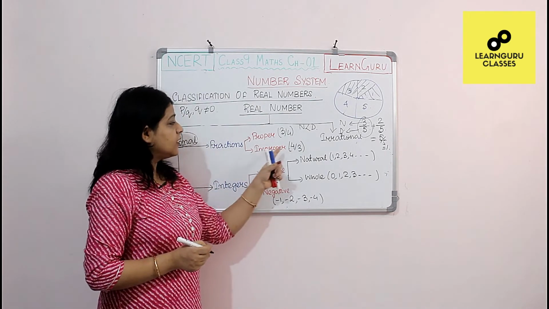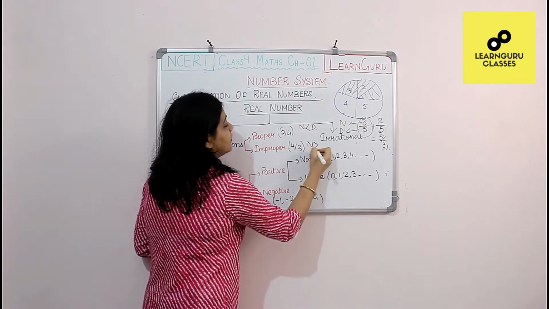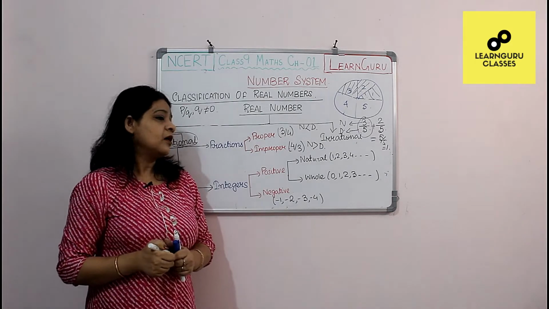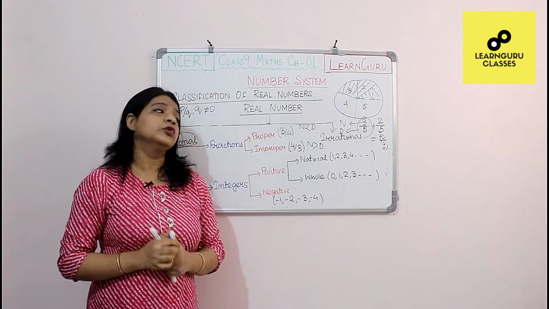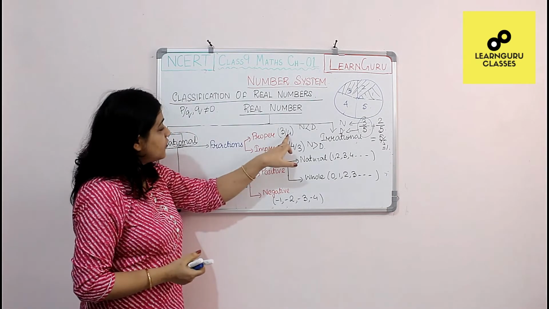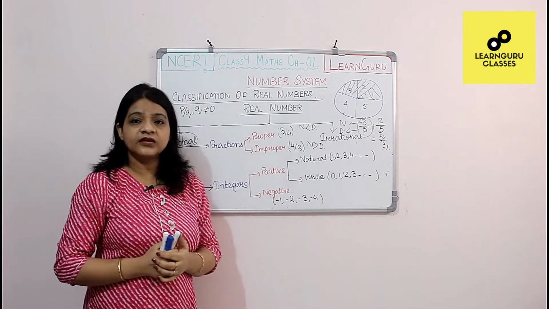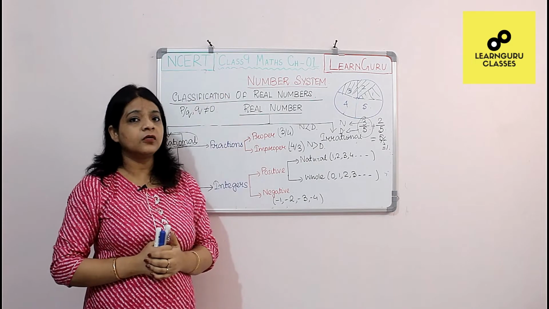An improper fraction is when the numerator is greater than the denominator. Okay. Now my question to you is whether 3 by 4 or 4 by 3 looks like the form of a ratio, gives you the form of P by Q.